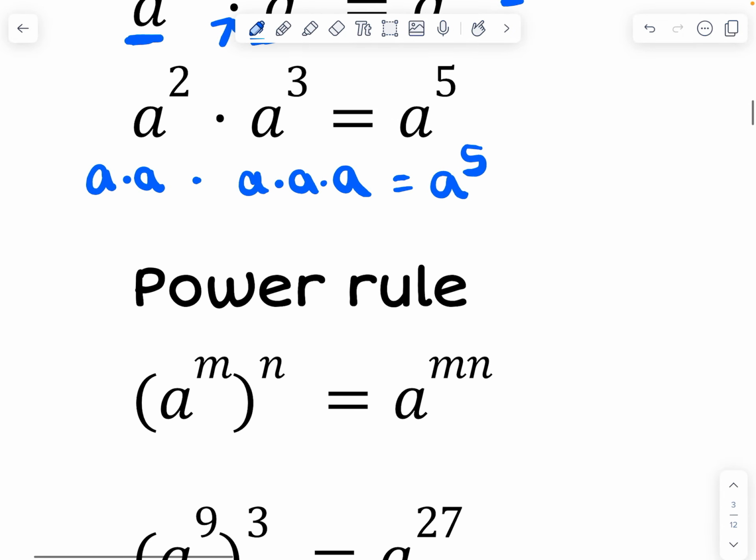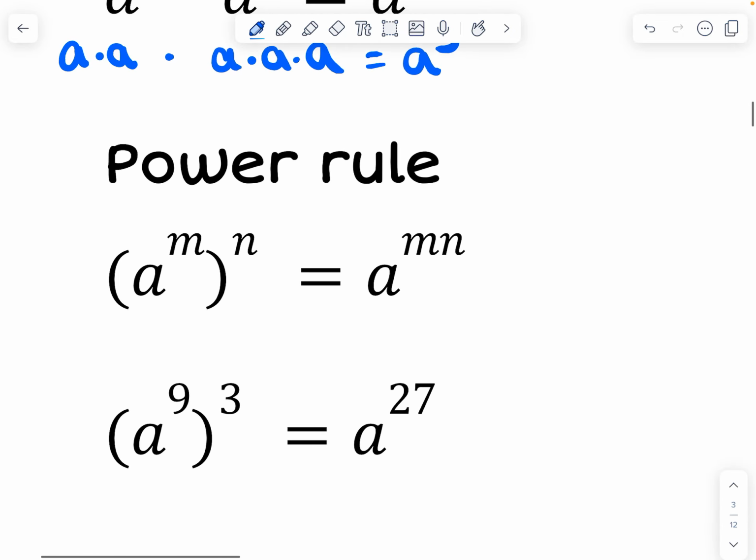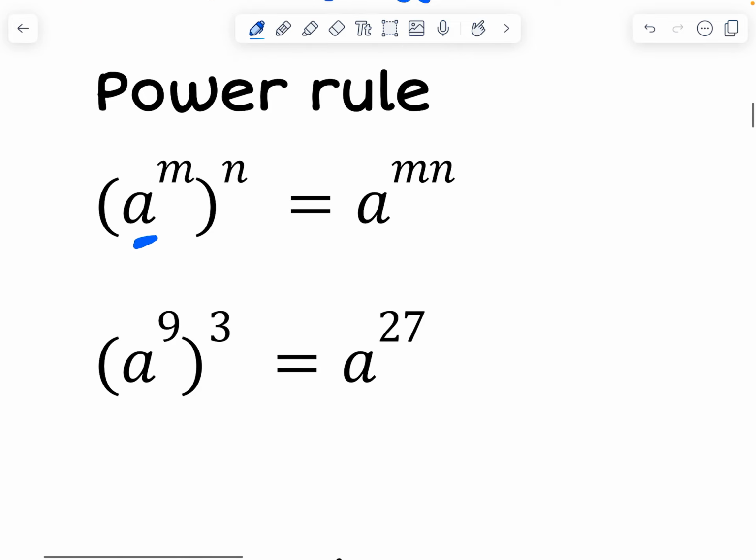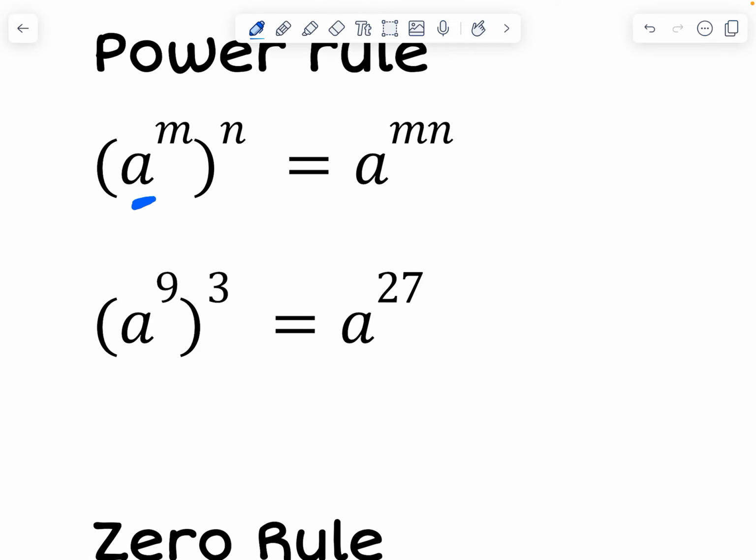Over here, power rule. Okay. So if I have a power raised to a power, that means that I multiply my exponents. So some of you are like, huh? So I'm going to take a to the 9th. 1, 2, 3, 4, 5, 6, 7, 8, 9.